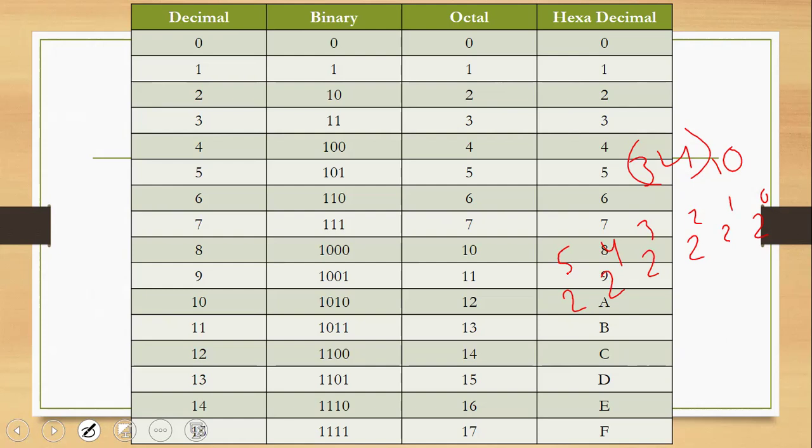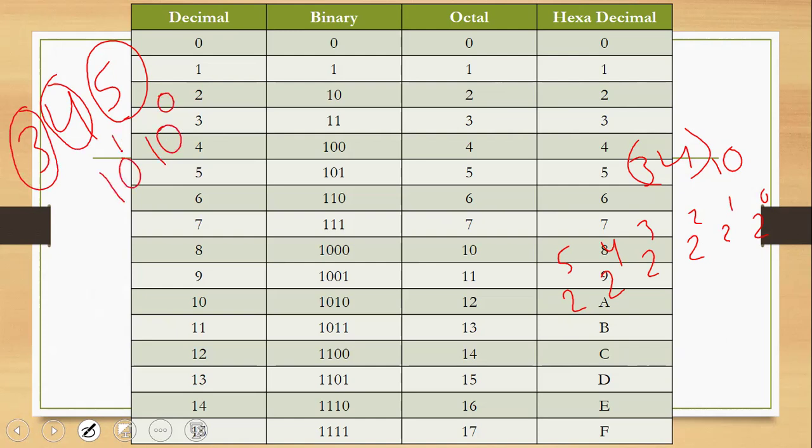For example, in a decimal number like this, we call this the units place, this the tens place, and this the hundreds place, which represent 10 power 0, 10 power 1 and 10 power 2. All the positions have their place value, and it is very important to have that place value.